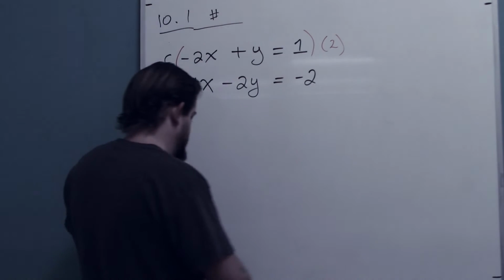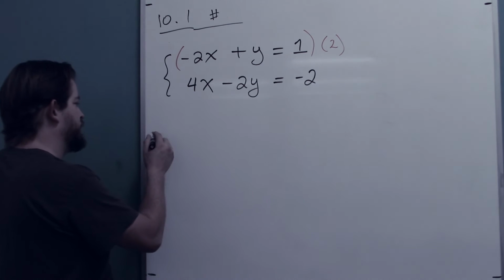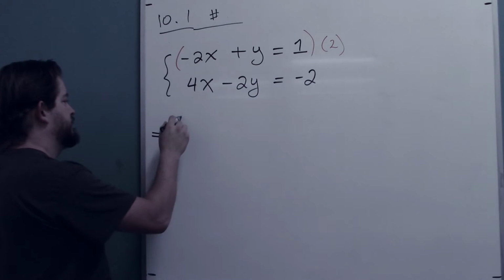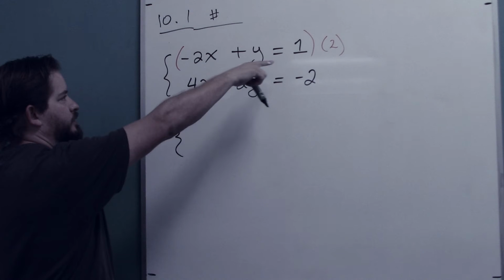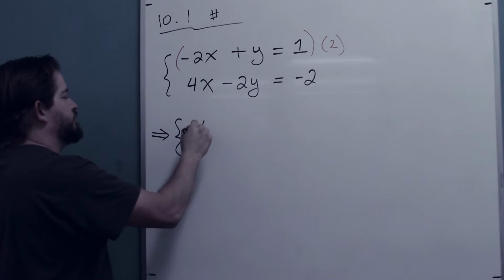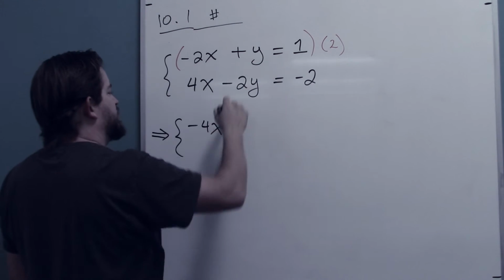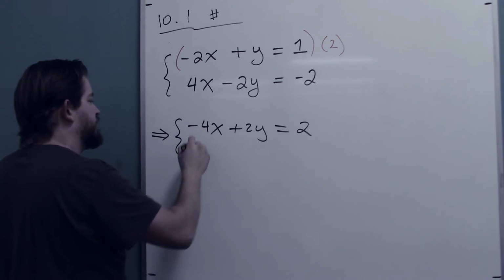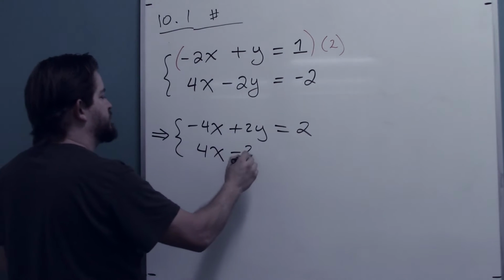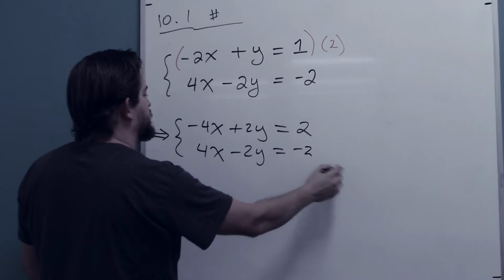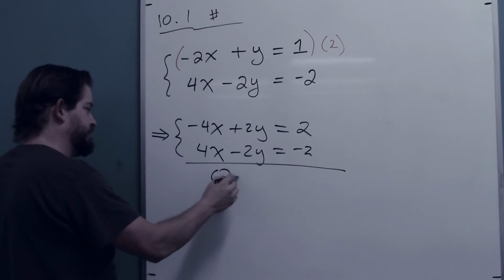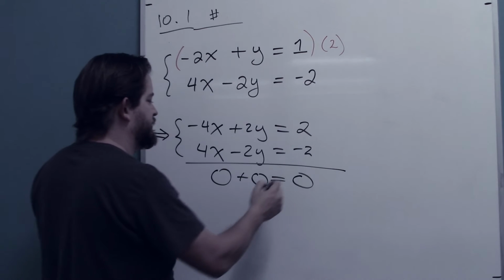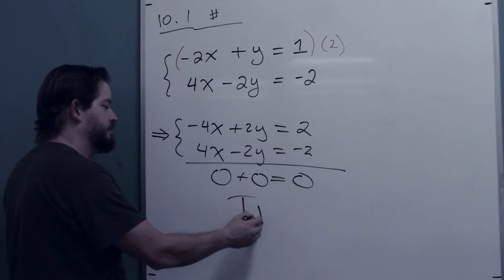That of course gives me the equivalent system: timesing the top by 2 gives me negative 4x plus 2y equals 2, and then the bottom I have 4x minus 2y equals negative 2. And if I combine these, I get 0 and a 0 and a 0. But this is a true statement.